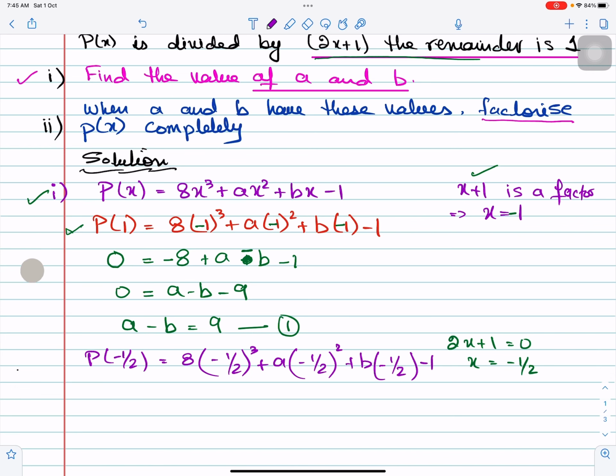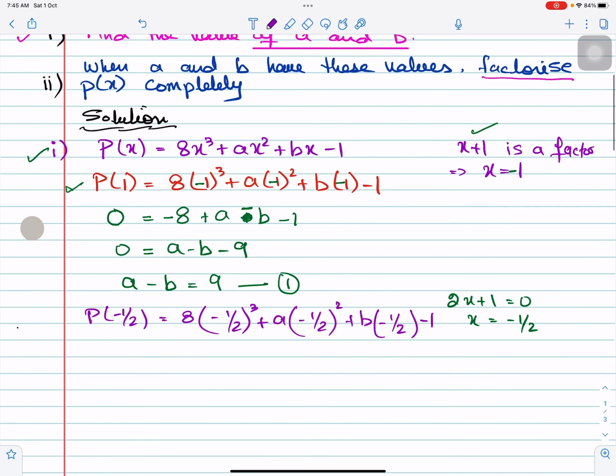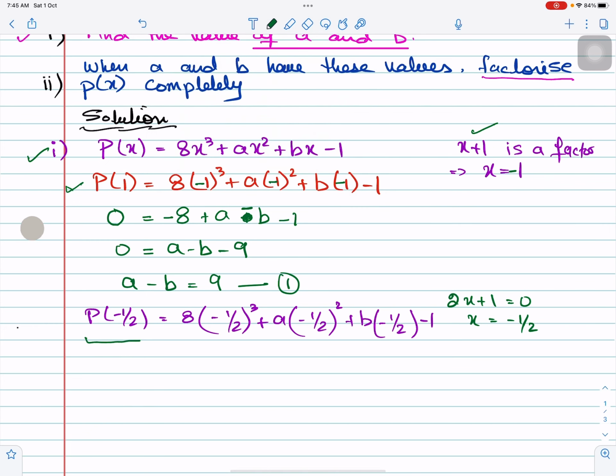Now the question says you get a remainder 1, see here on the top. So instead of p of minus 1 upon 2, I will write 1. Now if I simplify, it will be 8 times minus 1 upon 8, because it is cubed. Squared makes it plus, so it is a times 1 upon 4.